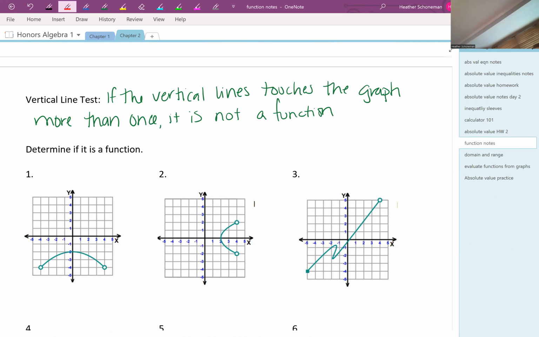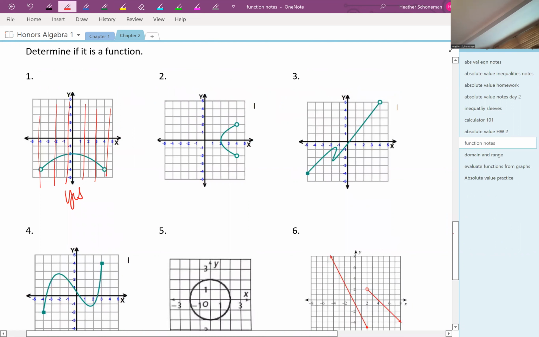So if I look over here on number 1, I'm running these vertical lines through my graph, and never does it hit more than once. So if it only hits one time wherever I put it, it is a function. I look over here, if I run a vertical line right here, it only hits once. That's fine. But if I scoot that over to the right, it hits 2 times, which makes it not a function. Over here, if I run the vertical line, it only hits once.